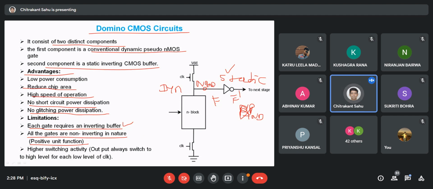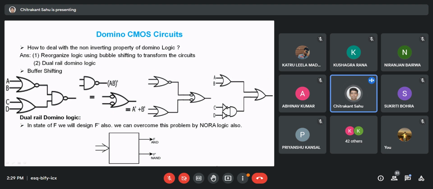The only thing we need to remember is the name. Domino means a combination of a dynamic CMOS as well as a static inverter. The purpose is just to invert the logic. That's it. So these are some domino CMOS circuits and how they can be utilized.